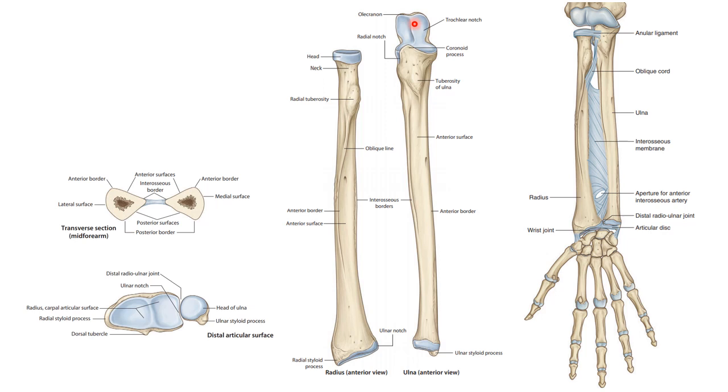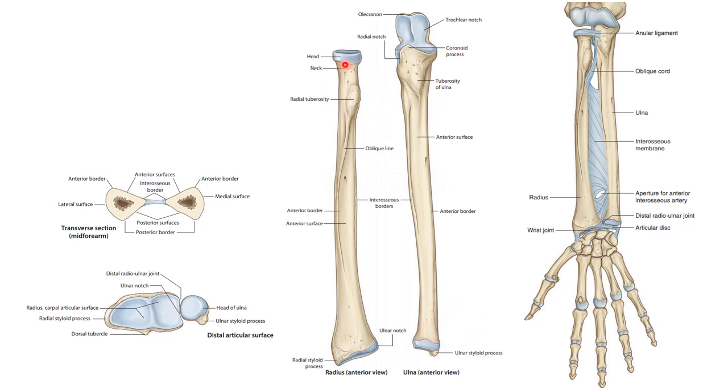If you try it on your forearm, from the tip of the elbow joint, you go downward along the entire length of the forearm. This is the posterior subcutaneous border of the ulna. Distally, however, we have a rounded, narrow head, and there is a bony projection on the medial aspect called the ulnar styloid process.